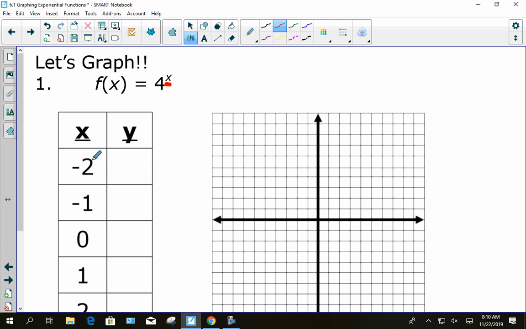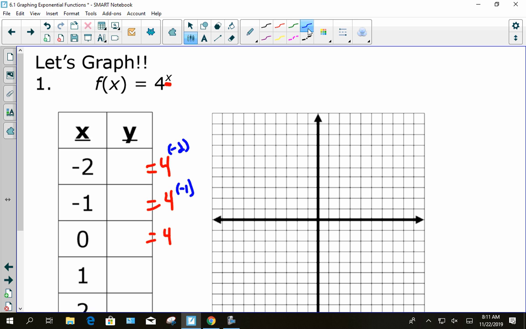So when x is negative 2, the negative 2 goes right here. Right? Negative 1 goes right here.